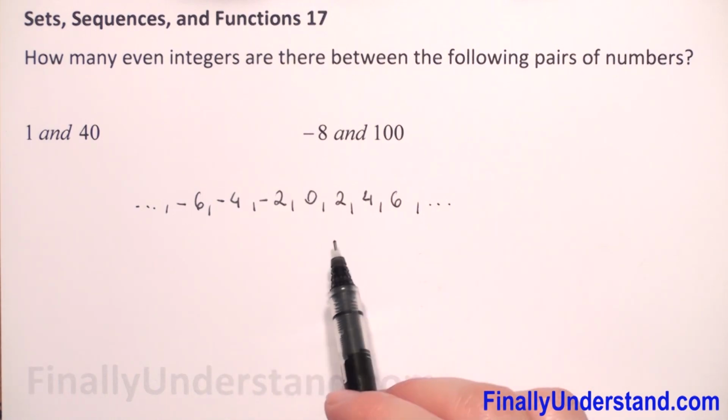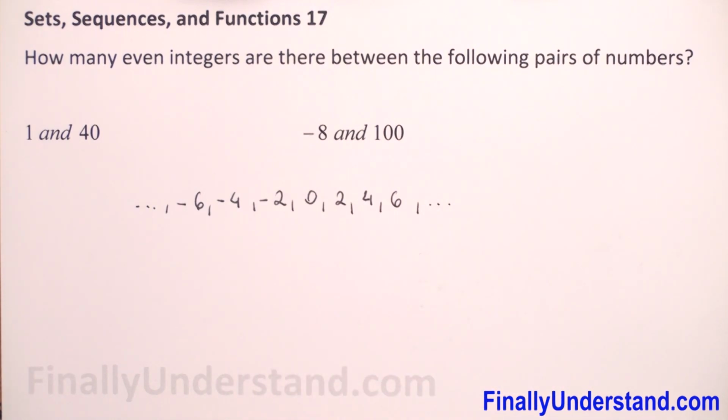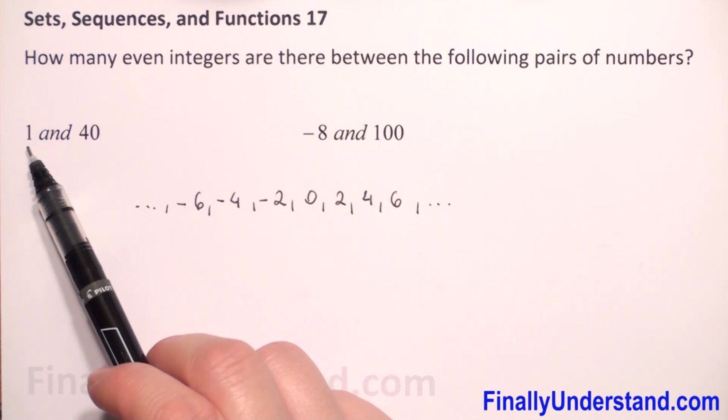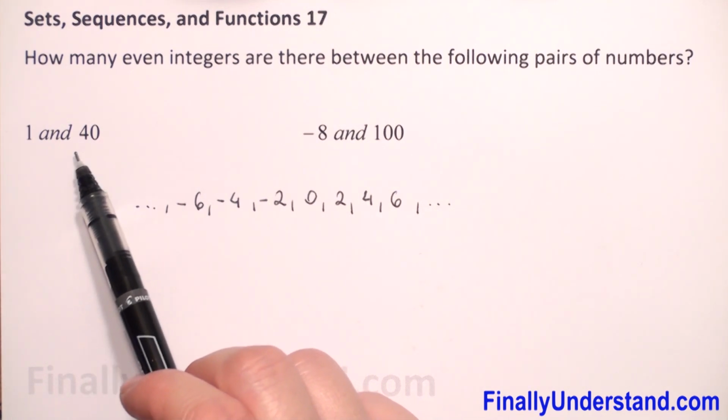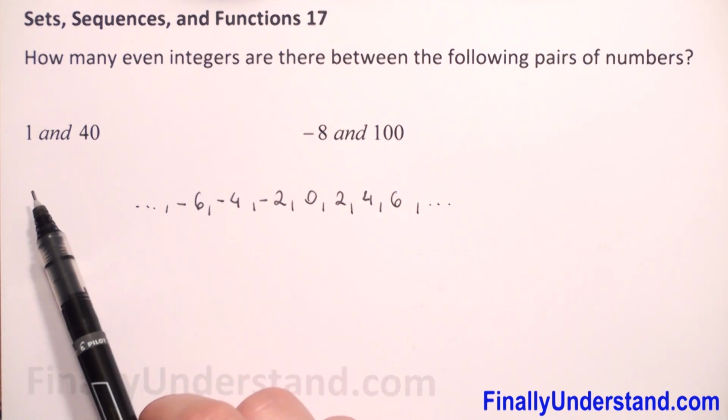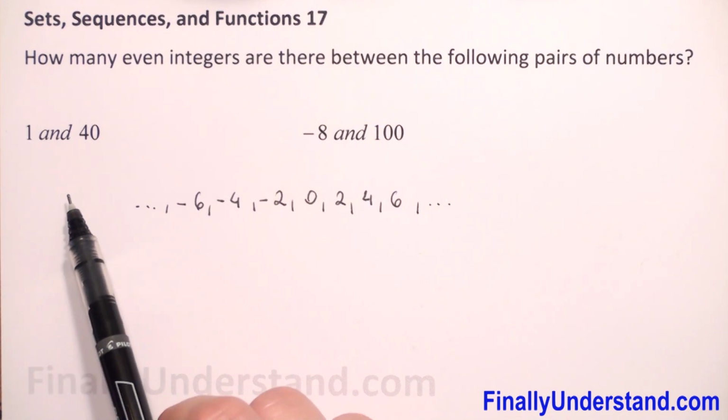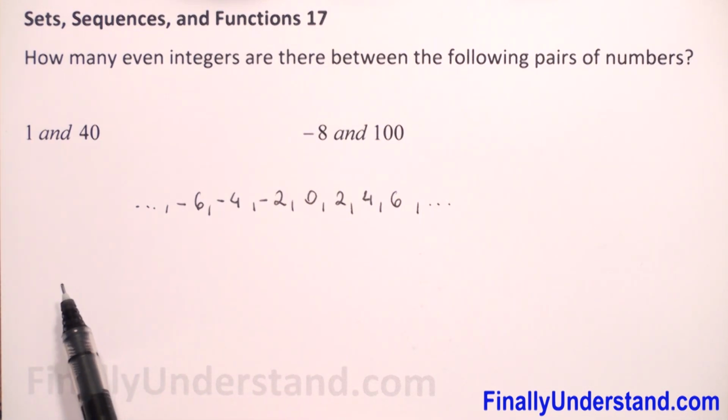These are even integers. And now to find how many even integers we have between 1 and 40, we can always list them and count them, but we have a formula.